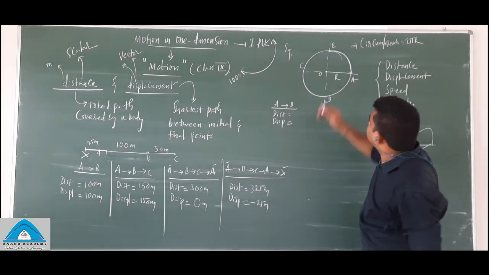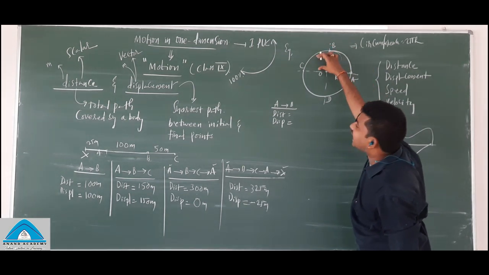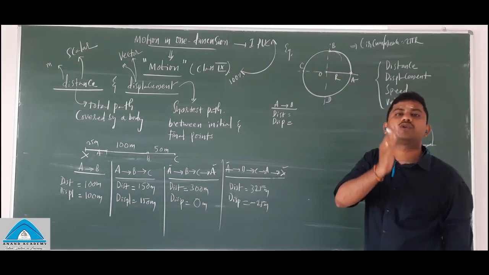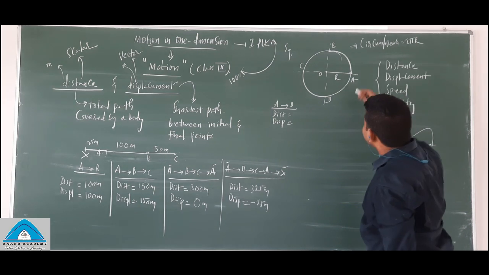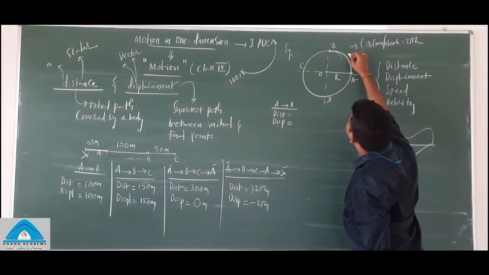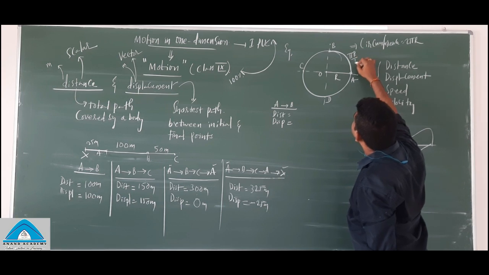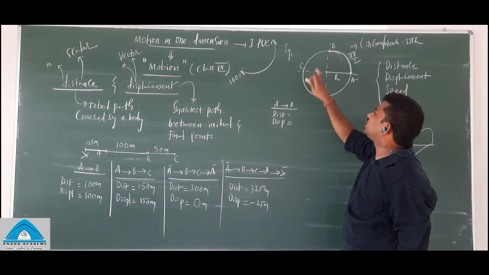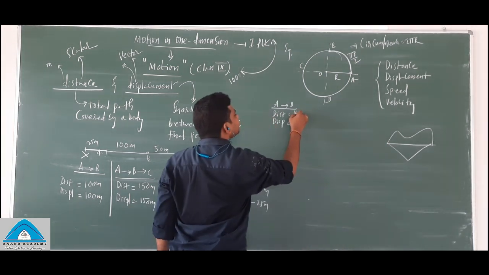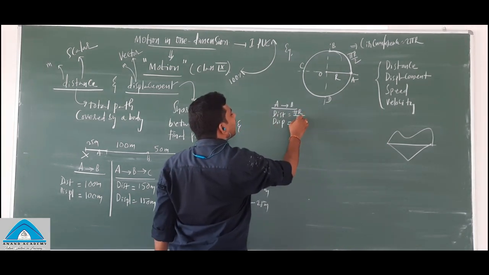Yes or no? It's a 1/4 part of the circle. This is another 1/4, and this is another 1/4 of the circle. Now, this 1/4 of the circle is pi r by 2, and this is pi r by 2, this is pi r by 2, this is pi r by 2, right? So now the distance is pi r by 2.